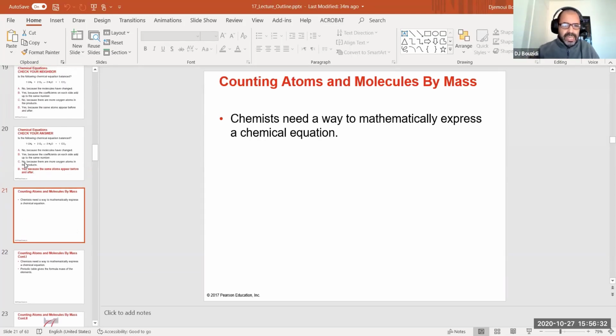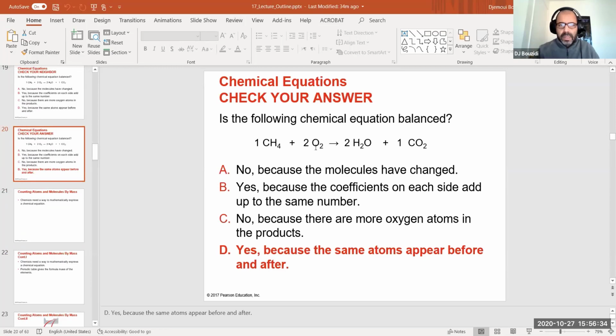So if we're doing this chemical reaction, how many do I know exactly? I need 2 molecules of oxygen for each molecule of CH4. So that is basically the proportions. How much should I bring of O2 versus how much should I bring of CH4 if I want to produce, for example, 2 molecules of water?